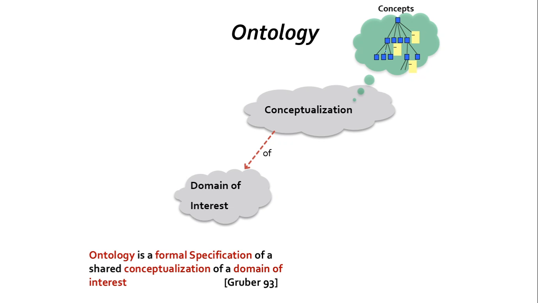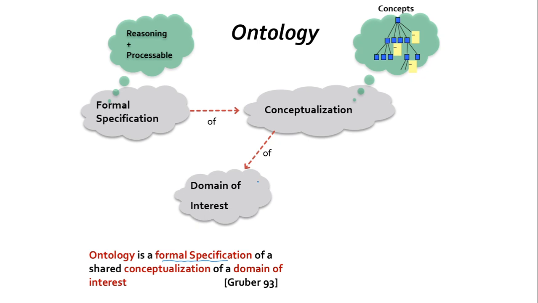We need to put it in a formal term so that it can be represented computationally and processed computationally. For that, we need to have a formal specification, right? So what will this formal specification consist of? It will consist of the mathematical definitions of these concepts. So we need to think about how we represent them mathematically.